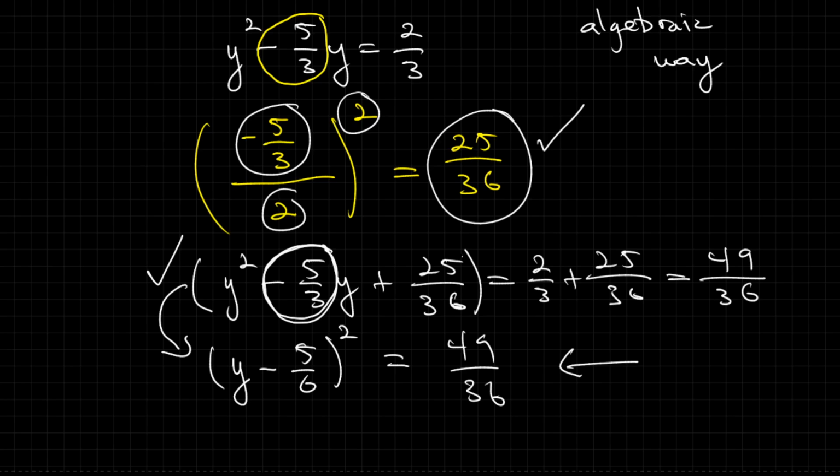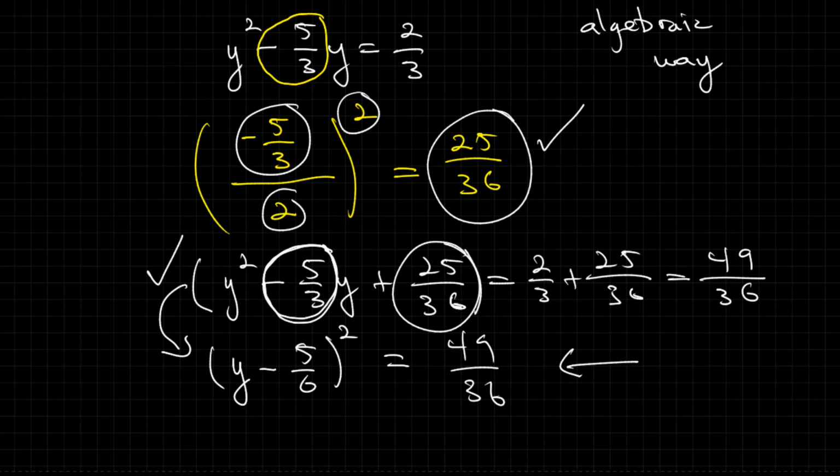Let's see if I can find it. This 25 over 36, which kind of seems a little bit random to me. Now you might say the other way it seems random as well. You can pick whichever method you'd like to do. I prefer the geometric way.